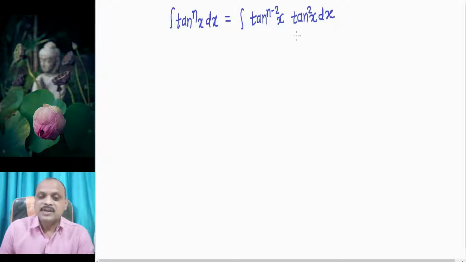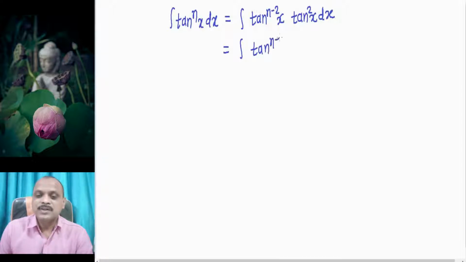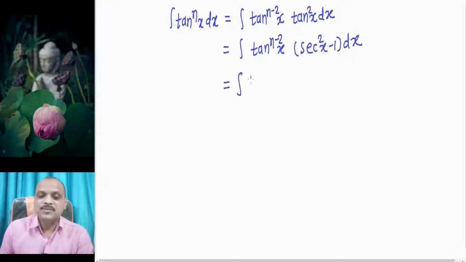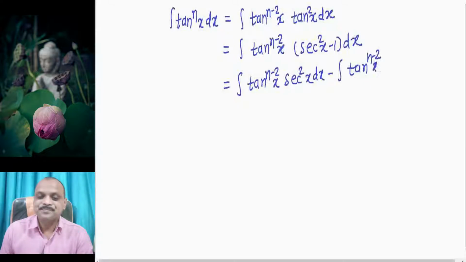Again, using the relation between sec and tan, we have tan raised to n minus 2 x into sec square x minus 1 into dx. Now this will give us two integrations: tan raised to n minus 2 x into sec square x into dx minus integration of tan raised to n minus 2 x into dx.